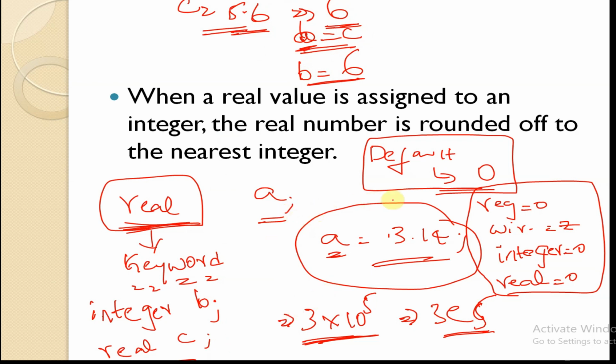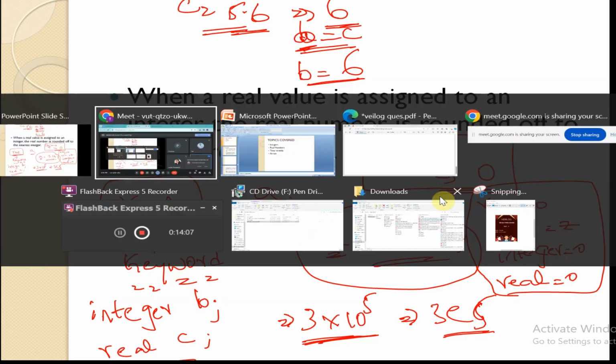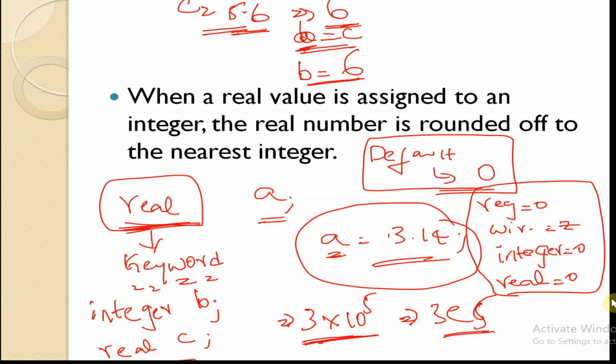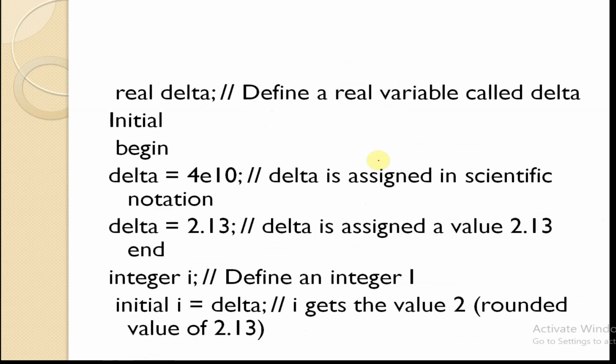So this is the process when we assign a real number to an integer.